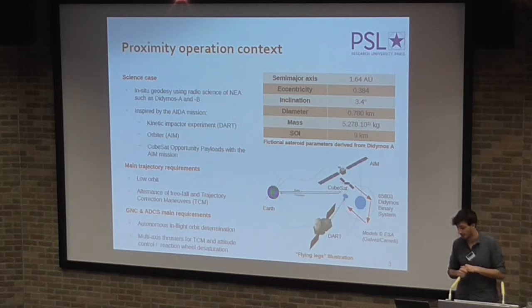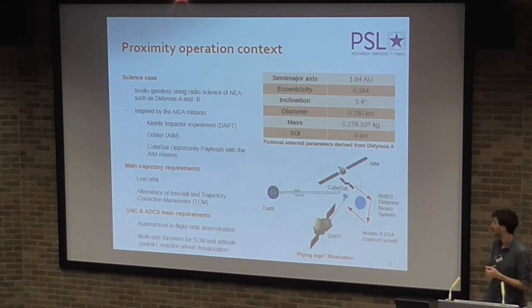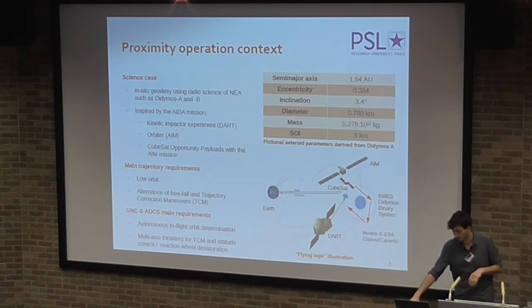And for the study, we take a fictional asteroid that has the same parameters as Didymos A, so with the 1.64 AU semi-major axis, a diameter of 0.8 kilometer, and a mass of 5.3 10 to the power 11 kilograms.